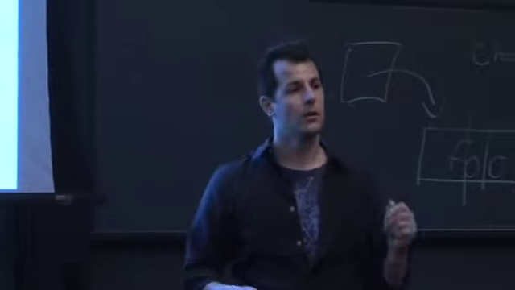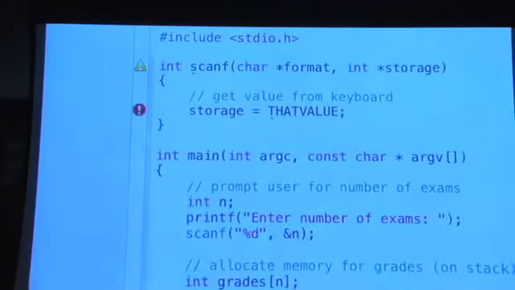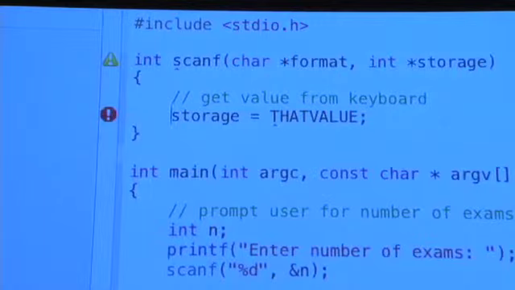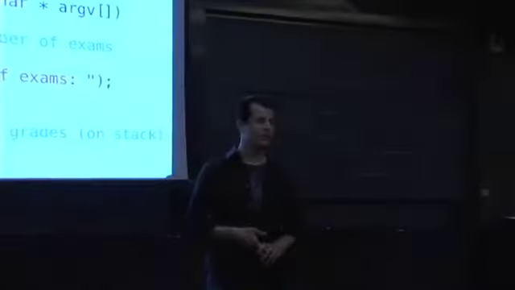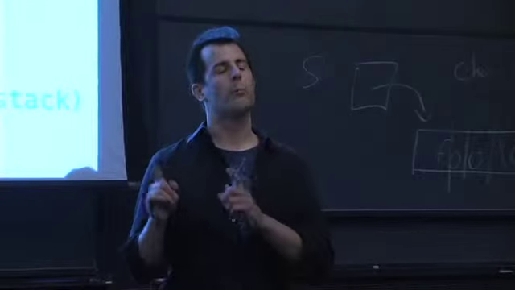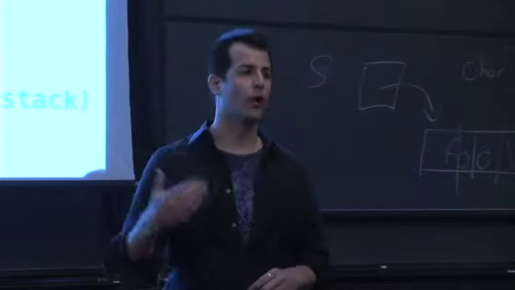So when you pass int star storage to the scanf function, what if I just use storage instead of star storage later on? Like this? Yeah. This would not compile because the compiler would realize that you're trying to assign an integer to a variable of type pointer. It would compile with warnings by default typically, unless you've promoted warnings to errors to prevent this.